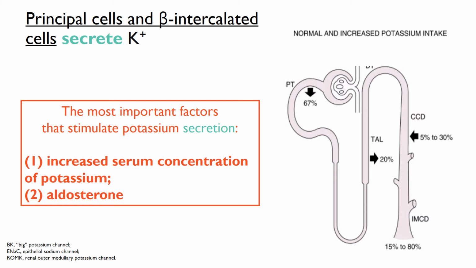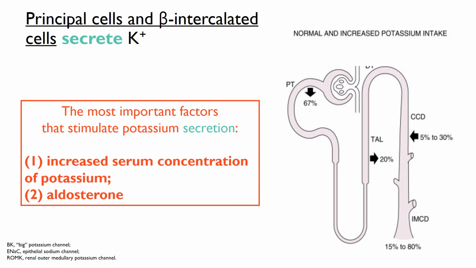Now that we have gone through the regulation of sodium, let's turn and focus on potassium now. The most important factors that stimulate potassium secretion are written here in the box, and they are increased serum concentration of potassium and aldosterone.